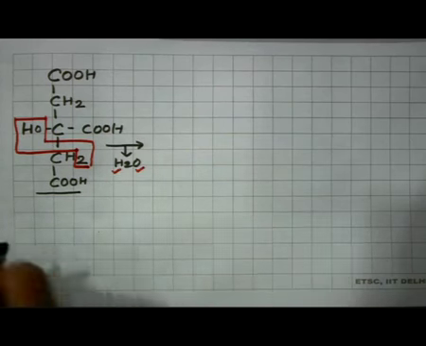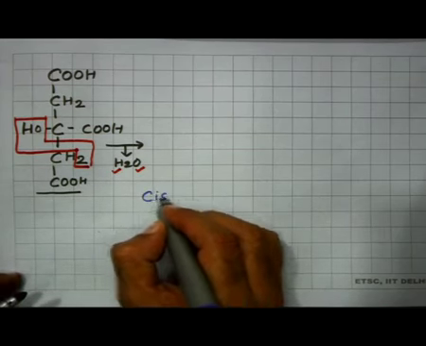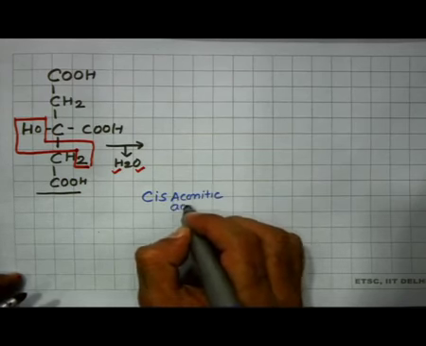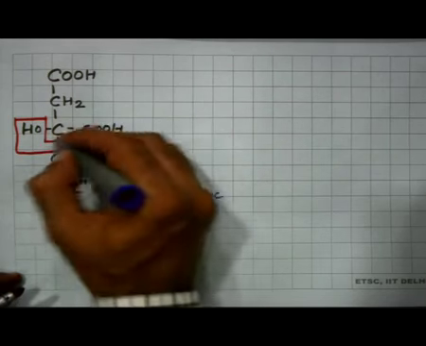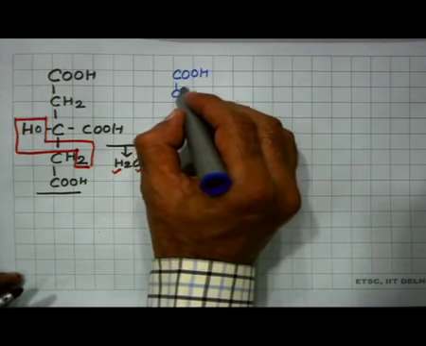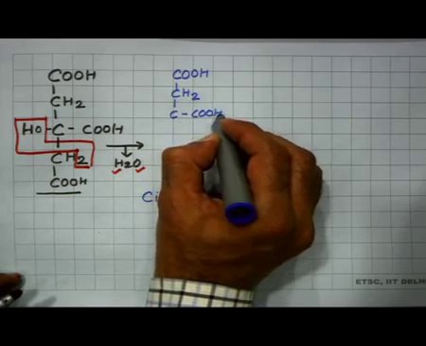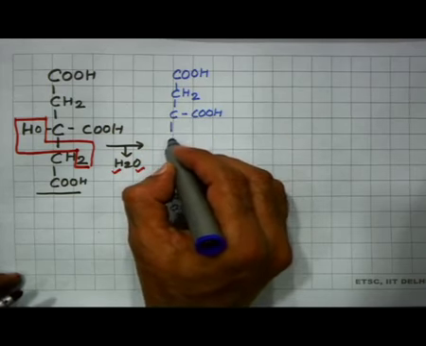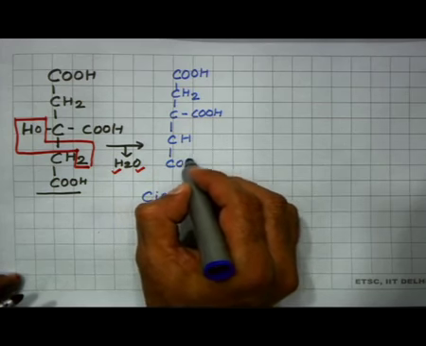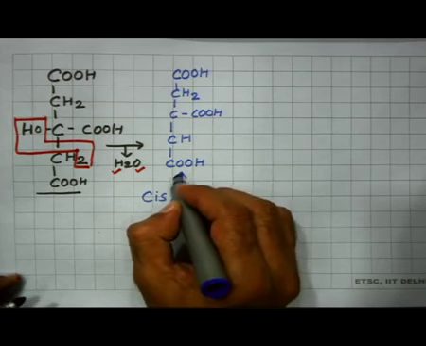So, you can easily write the next step, that is cis-aconitic acid, without any problem. Remove this group, the red one: COOH, CH2, COOH, CH, COOH. This is the structure of cis-aconitic acid, but it is not true.